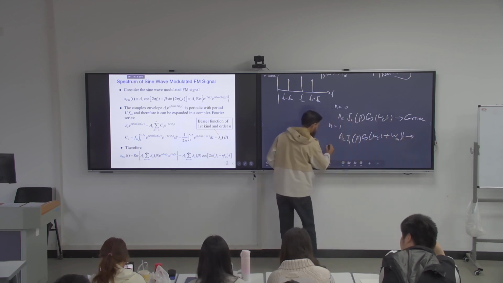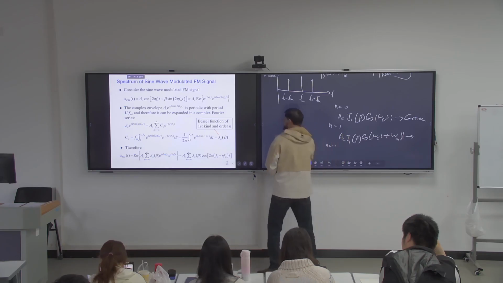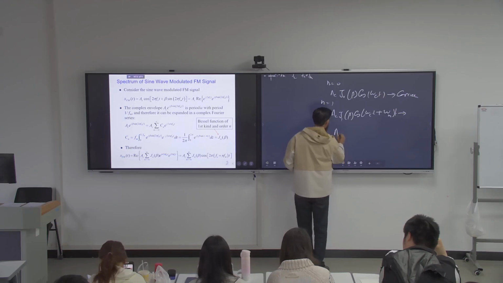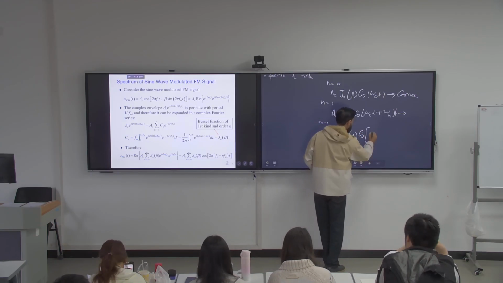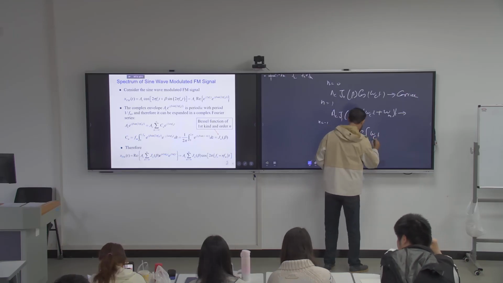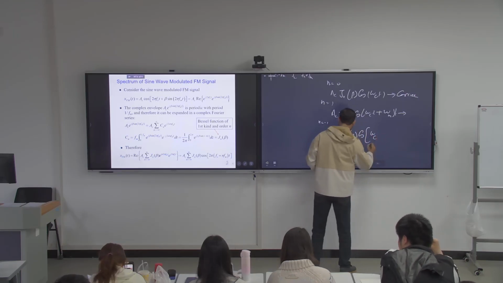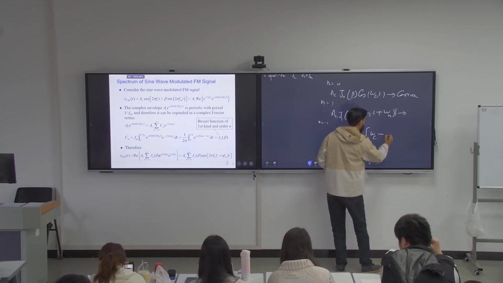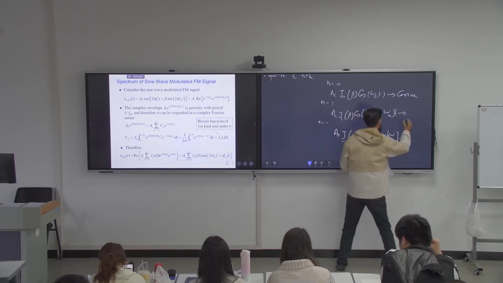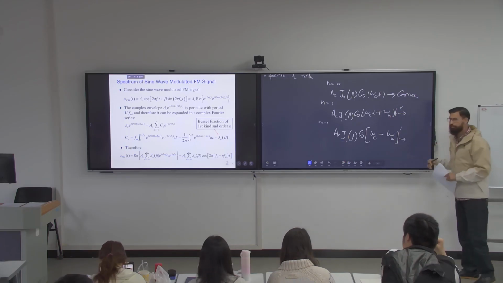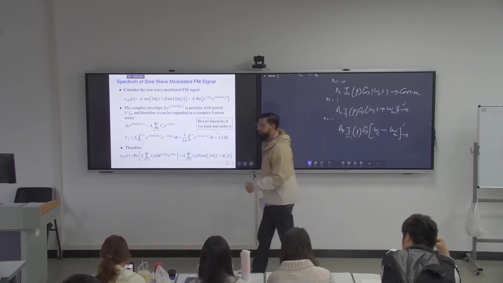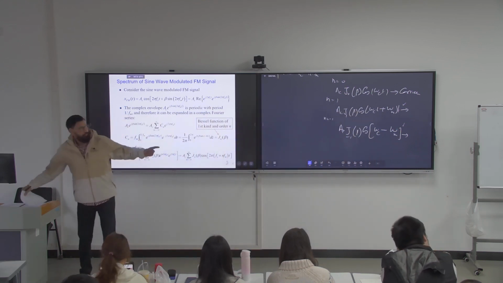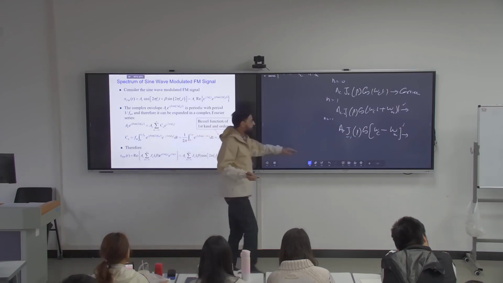And then if you put n is equal to minus 1, I'm putting different values of n, I get AC J minus 1 beta cos of (omega c plus minus omega m). Now, what is this and what is this? This is the carrier when n is equal to 0. If I put n is equal to 1, I got this. If I put n is equal to minus 1, I got this.